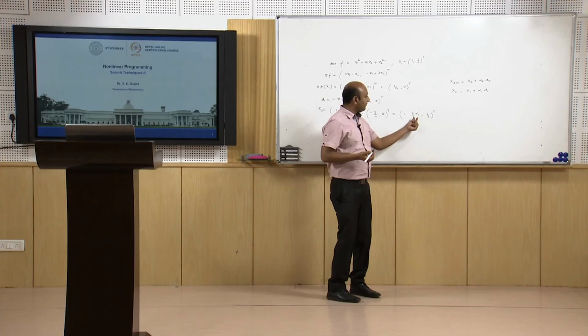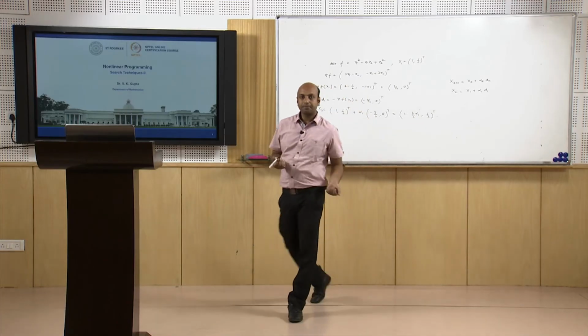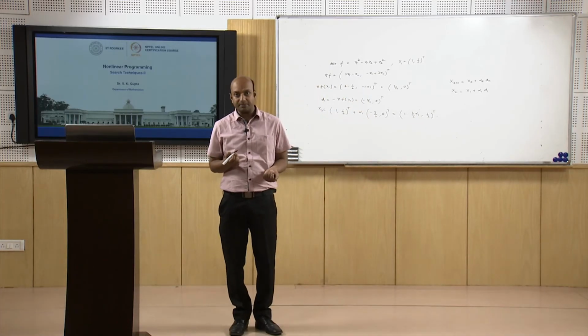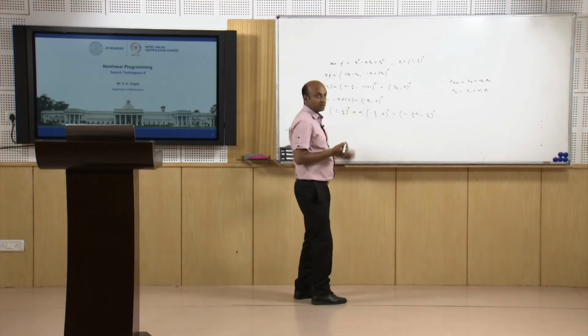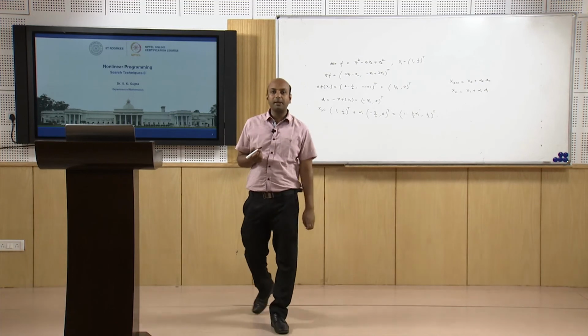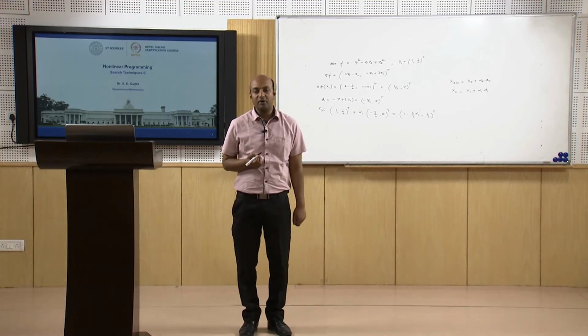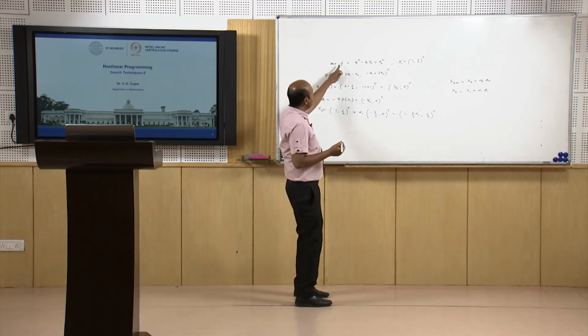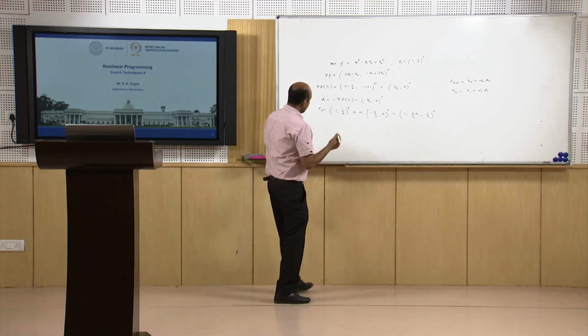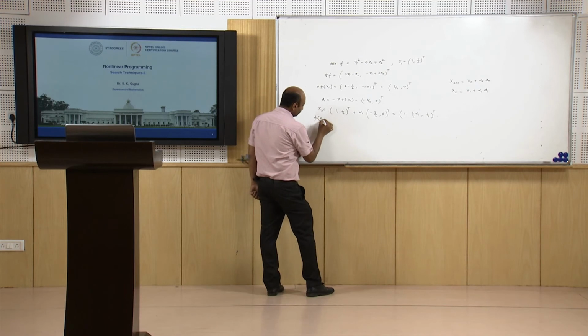Now to find alpha 1, which is the step size, and what should be the optimal step size, we simply substitute this x2 in the function expression and find the optimal value of alpha 1 for which f is minimum, okay. So what will be f of x2?